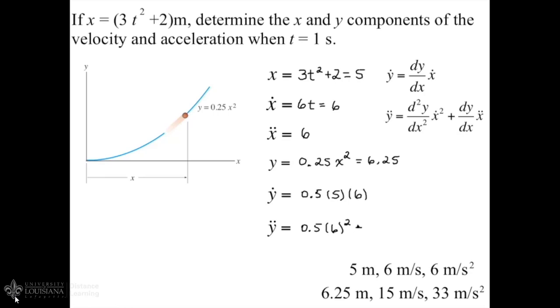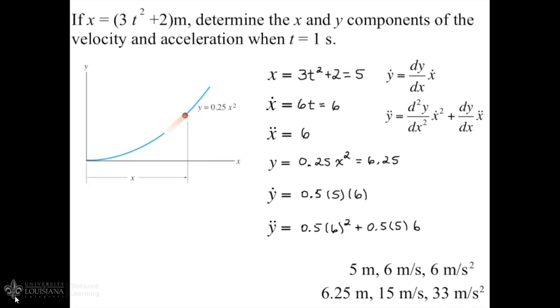And finally, we add to this the derivative of y with respect to x. And that, of course, would be equal to 0.5x, and of course, x is equal to 5. So we'll write this as 0.5 times 5. And finally, we put in x double dot, which is 6. If you work this out, you get your result, and it's 33 meters per second squared.